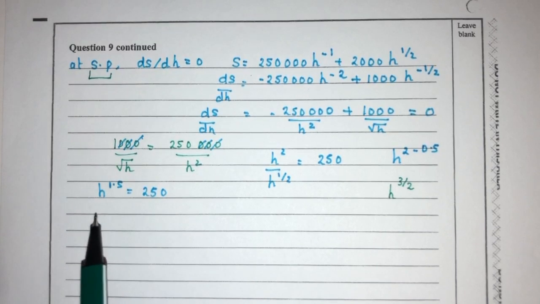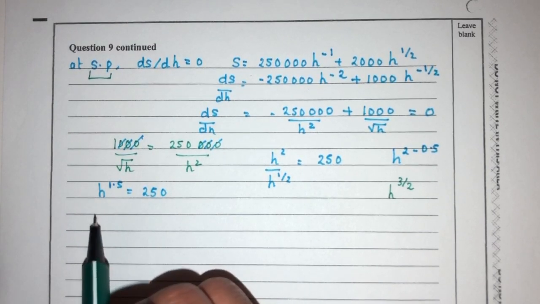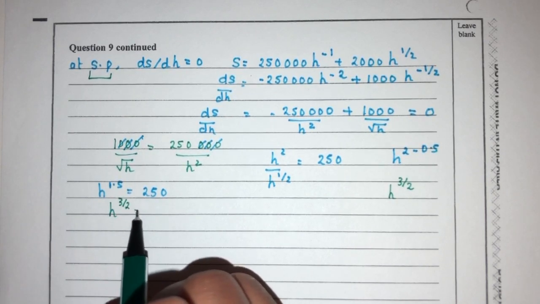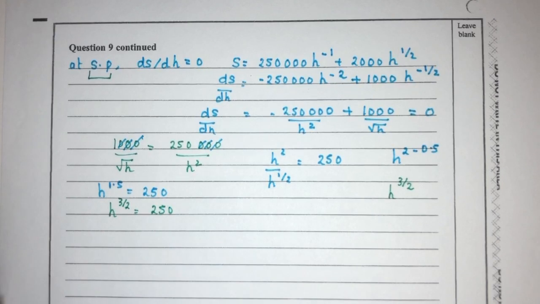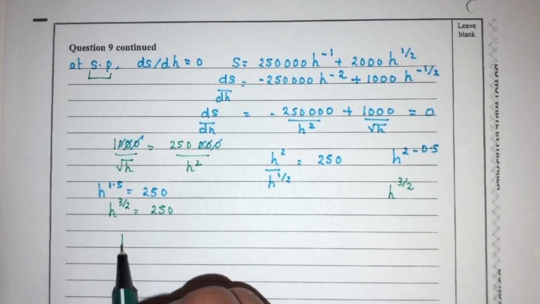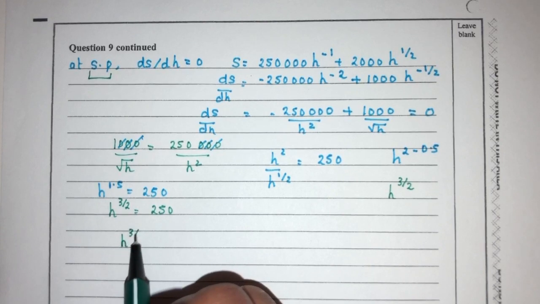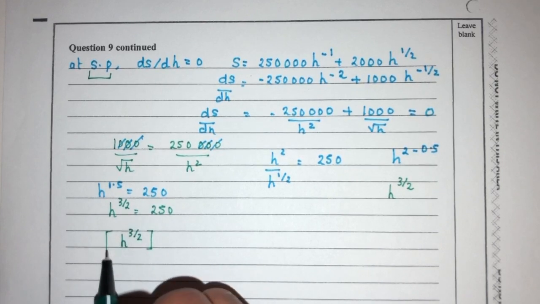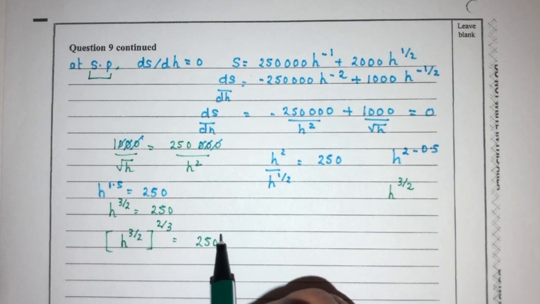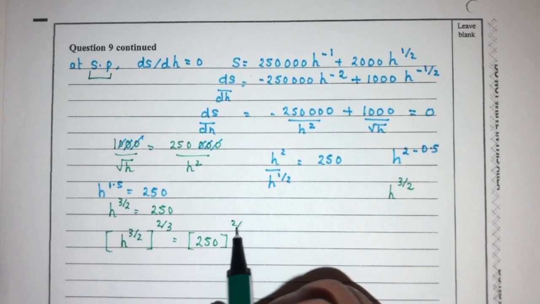Now, if you want to find the value of H, we have to do something. For example, let me rewrite this. That will be H power 3 over 2 is equal to 250. Now, for me to find the value of H, we have to apply something. So let's apply the power of 2 over 3 on both sides. And why is that?